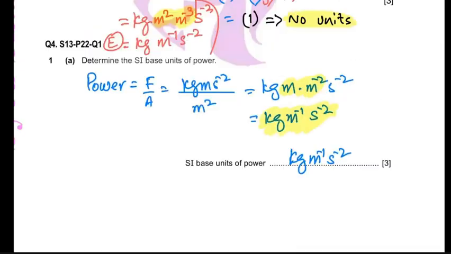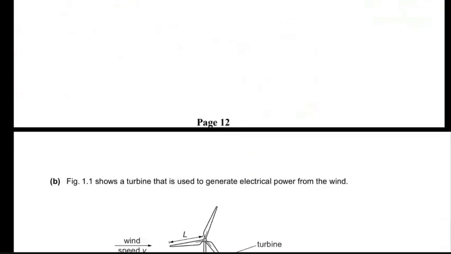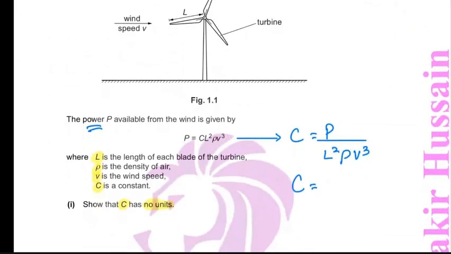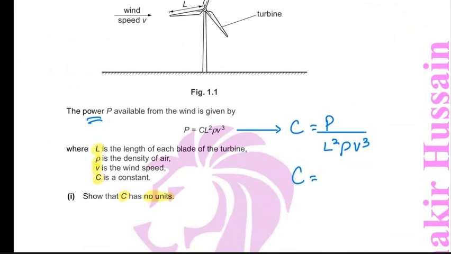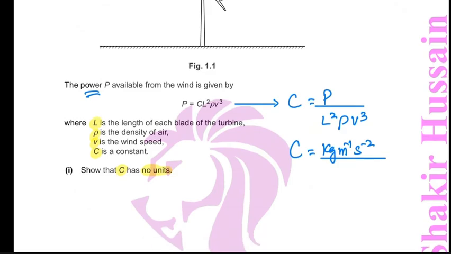For power, we just use the units kg m power minus 1 s power minus 2. What is L? L is length. Length is meter, and the square of meter will make it meter squared.